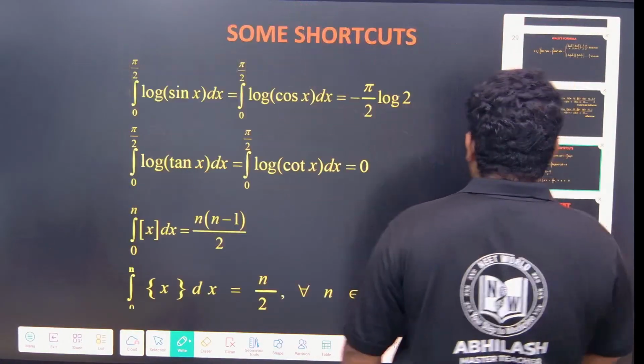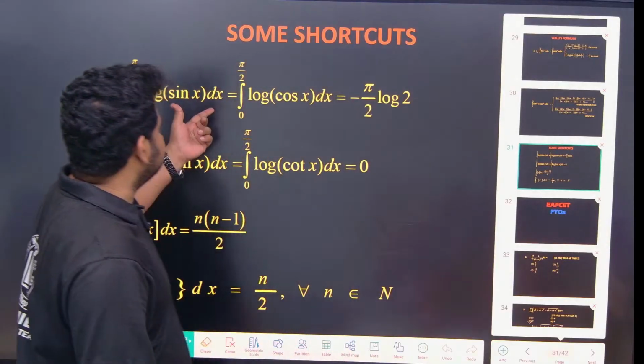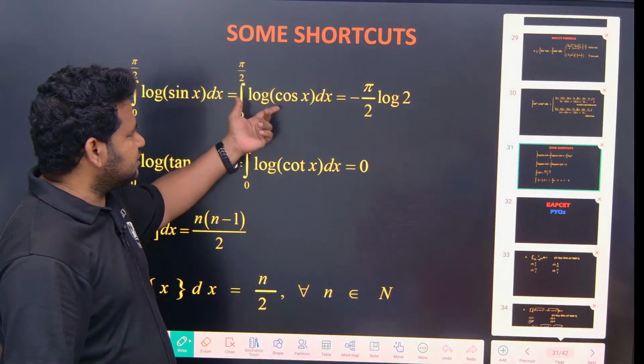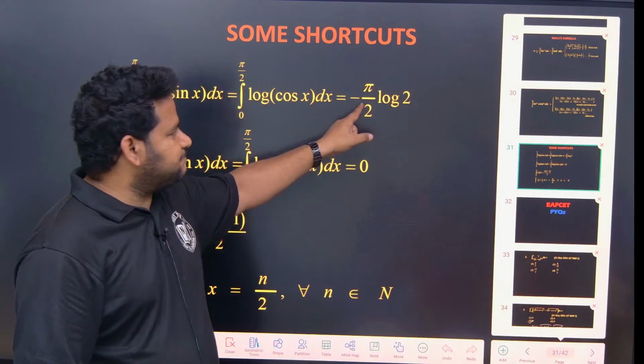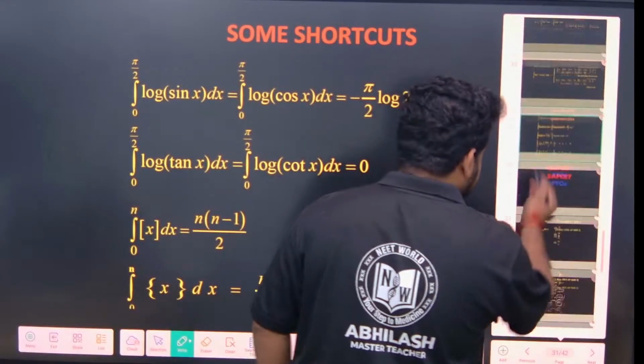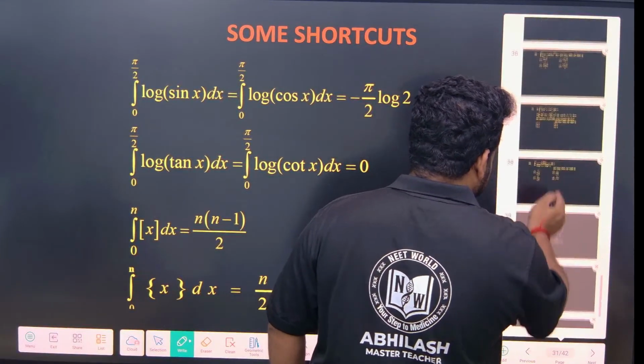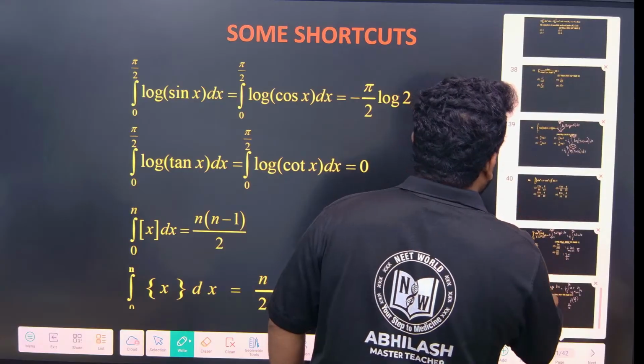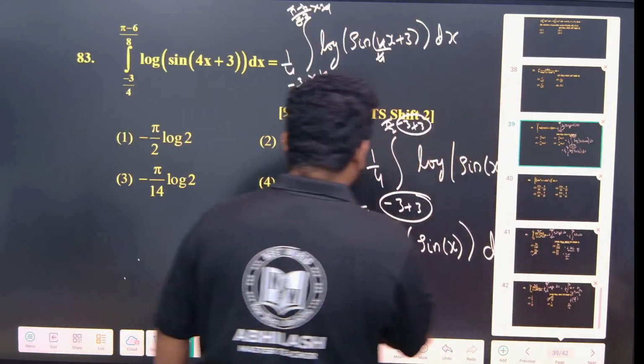See here, integral 0 to pi by 2 of log of sin x dx, or of log of cos x dx, is nothing but minus pi by 2 log 2.